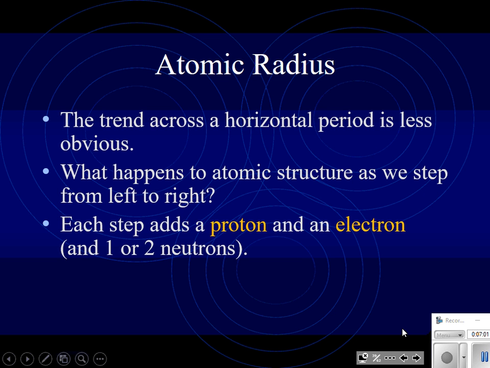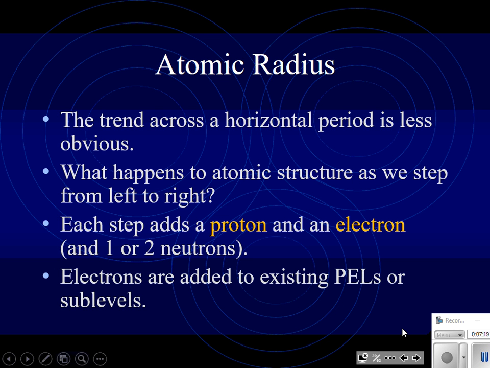However, as we go from left to right across the period, each hop we make from one element to the next, we are adding protons, we're adding electrons, we're adding neutrons. Electrons are added to existing principal energy levels and existing sublevels.